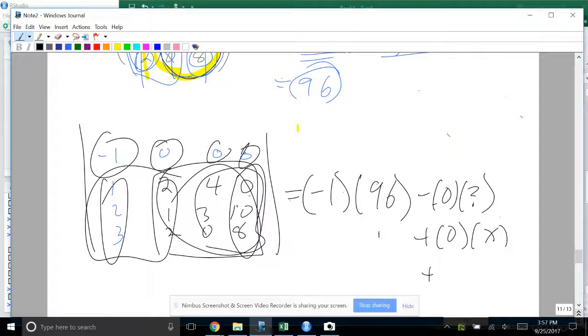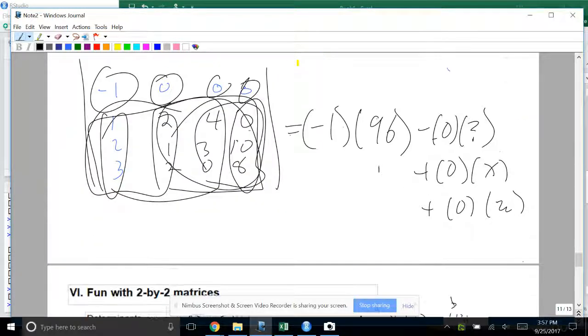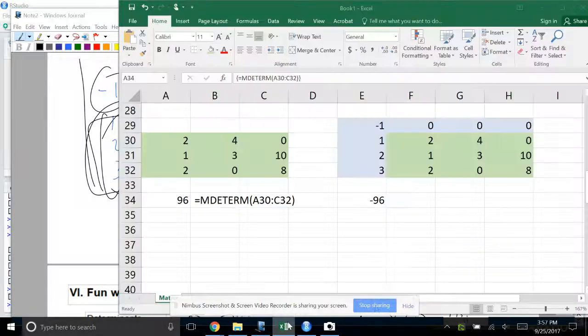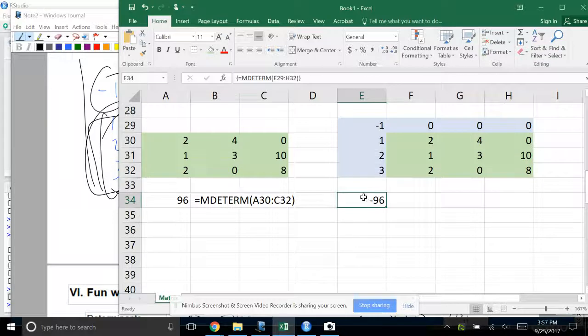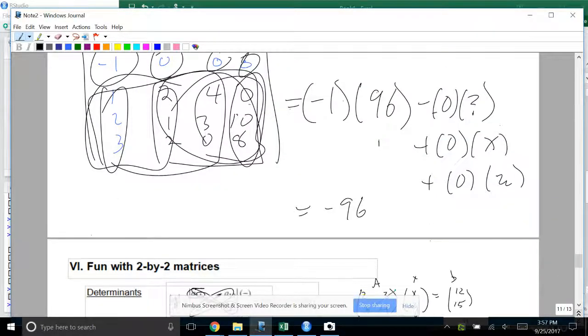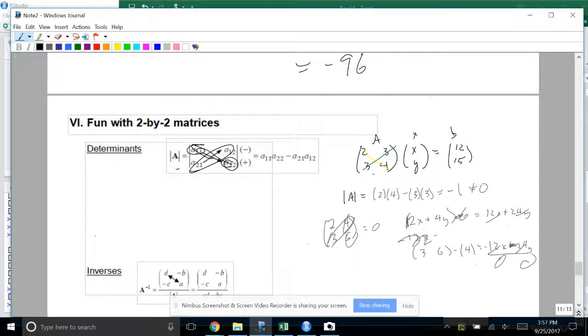And we take this 0 times the determinant of that area in here, who cares what it is. So the determinant of this bigger thing is going to be negative 96, which is what we found when we used our MDETERM function in Excel.